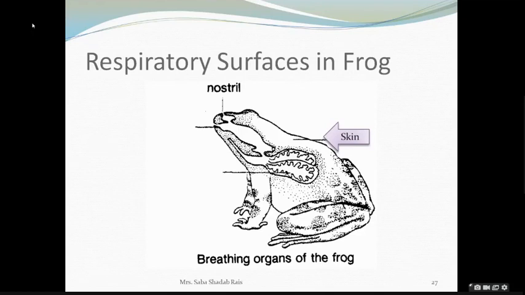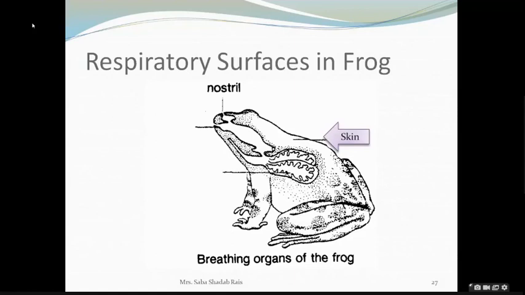Now you might be thinking that they are amphibians, so for some part of their life they need to go back to the water. Like their reproduction occurs in the water. So when they go to the water, at that particular time this skin will help them to respire.